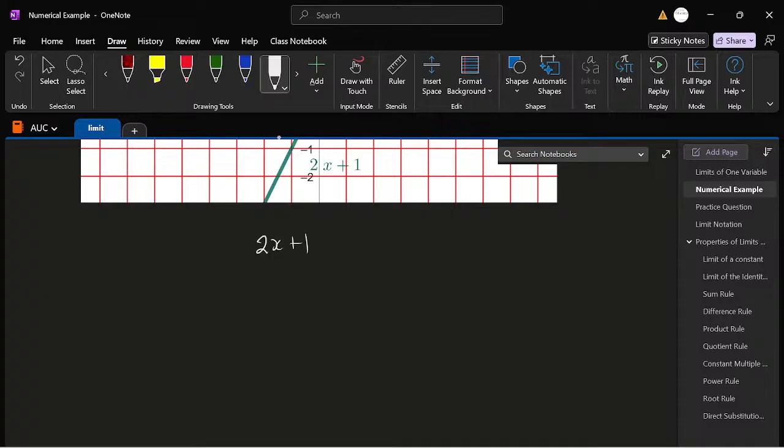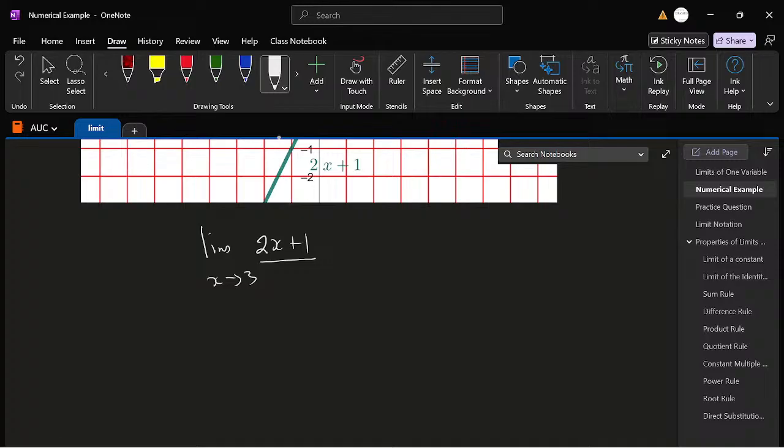The limit of this function is what 2x plus 1 gets close to as x approaches 3. So that is the definition of a limit. A limit is what a function gets close to as x tends or approaches 3.